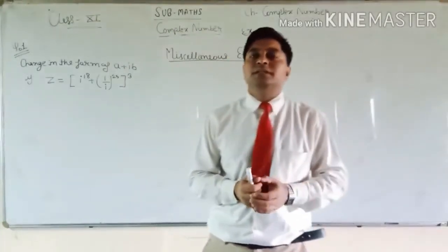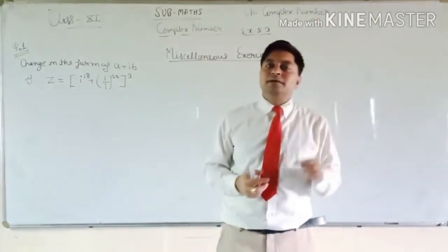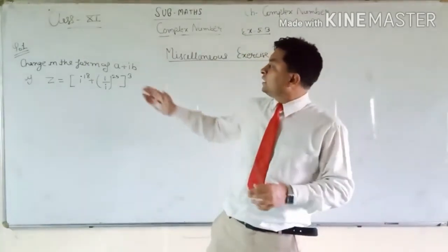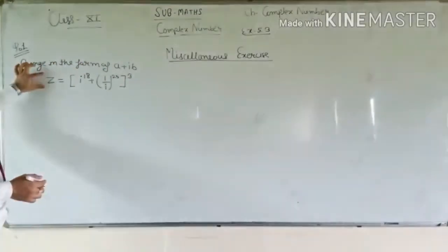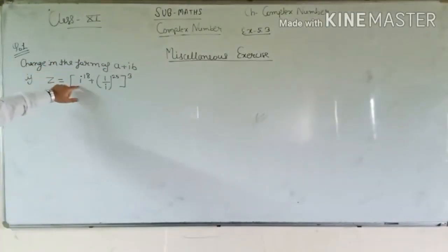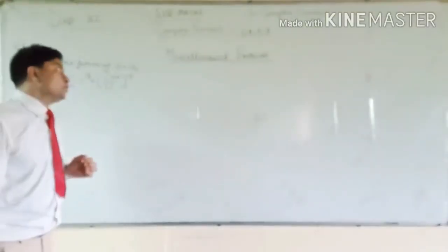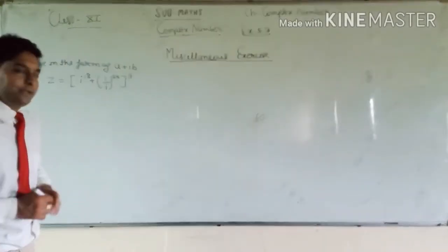Complex form is in the form of a plus iota b, where a is the real part and b is the imaginary part. Now we have many questions. The first question is z equal to iota raised to 18 plus 1 upon iota raised to 25, whole bracket power 3. Now we can solve this in the form of a plus iota b.